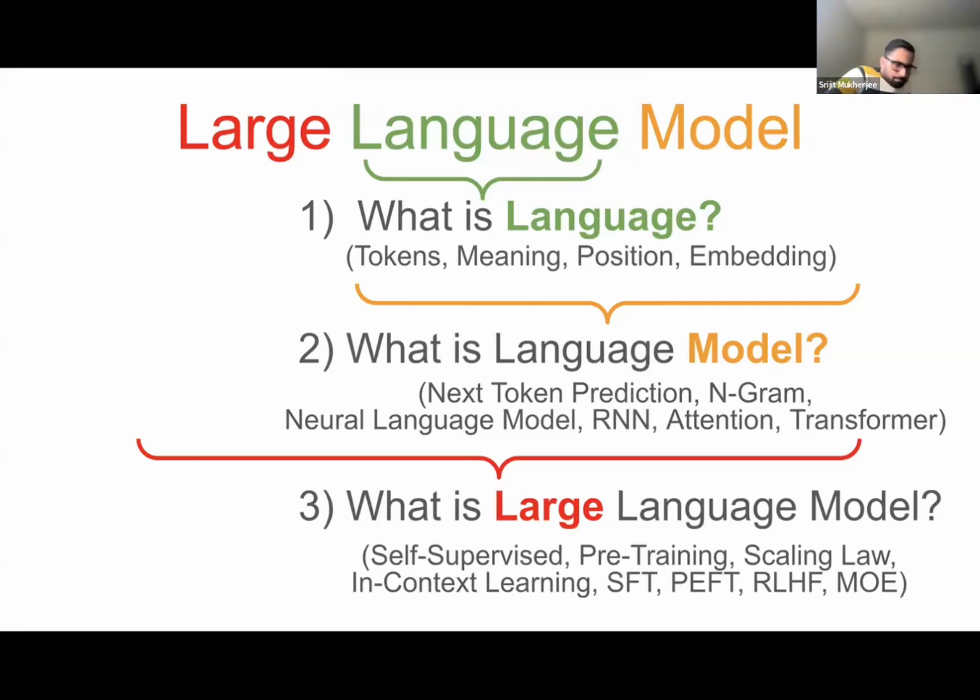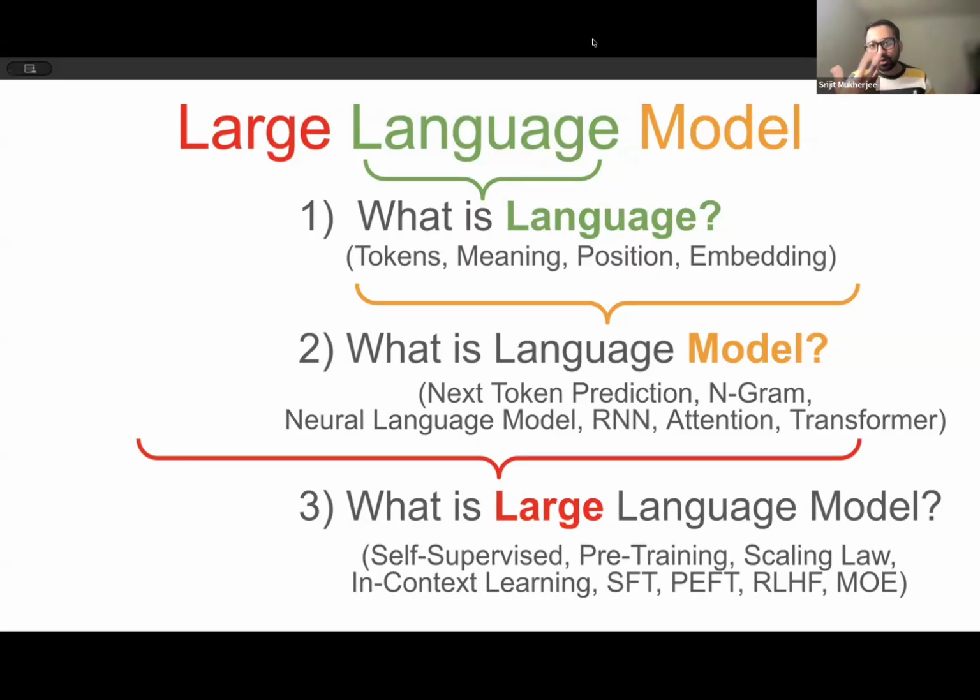When you say that you want to learn large language models, there are three words specifically. One is large, one is language, and one is model. So naturally, each of these three R's will correspond to one part.